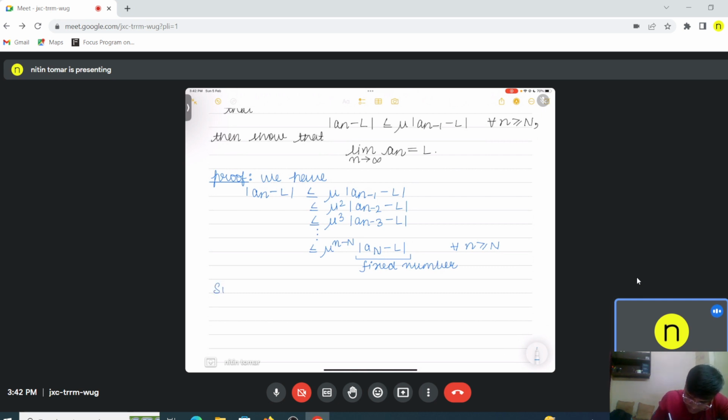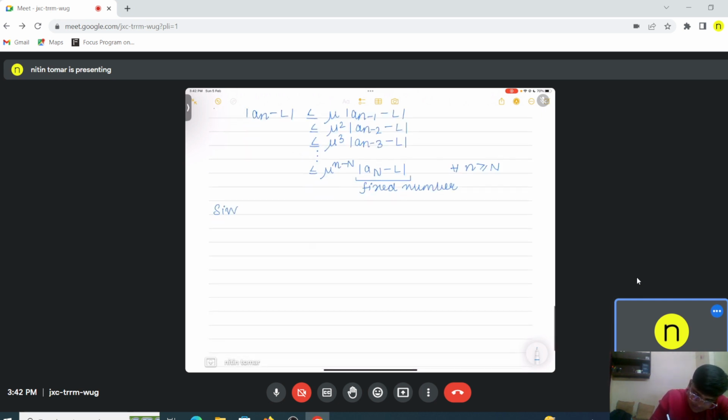So since mu is between 0 and 1, what can you say about the limit of mu to the power n as n goes to infinity? What can you say about this? Anyone? Okay, so this limit will be 0.